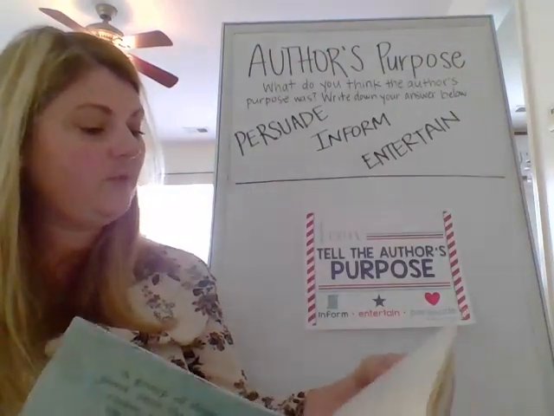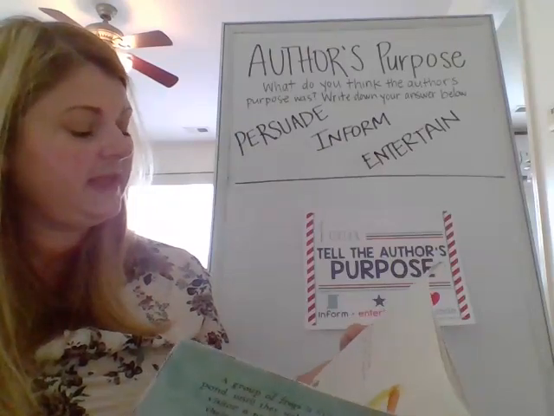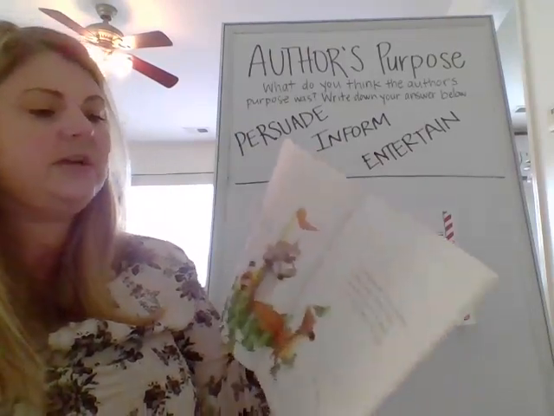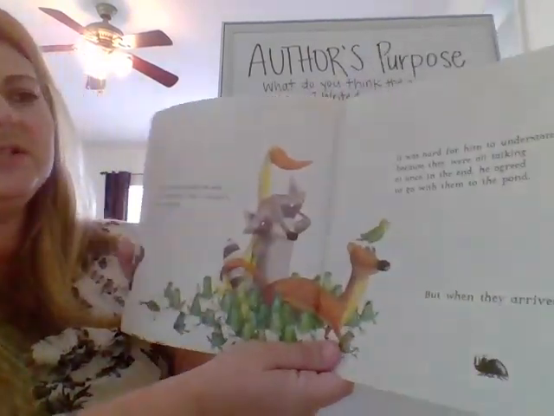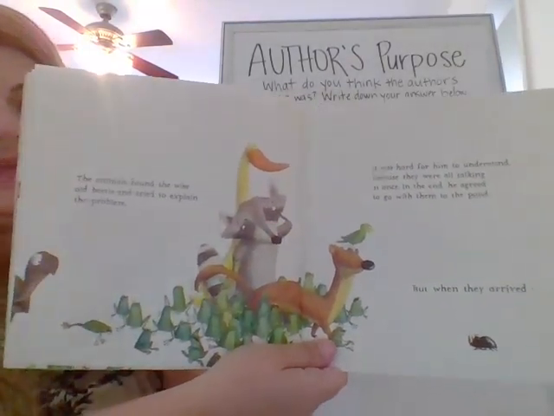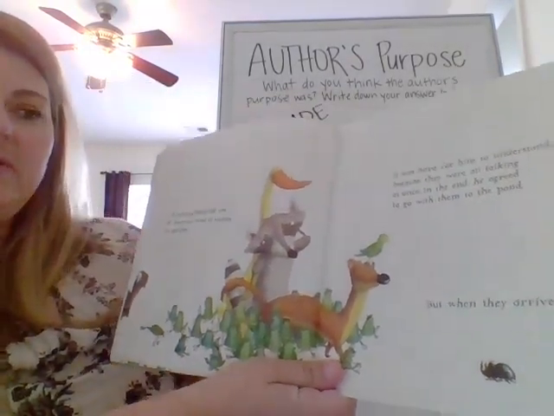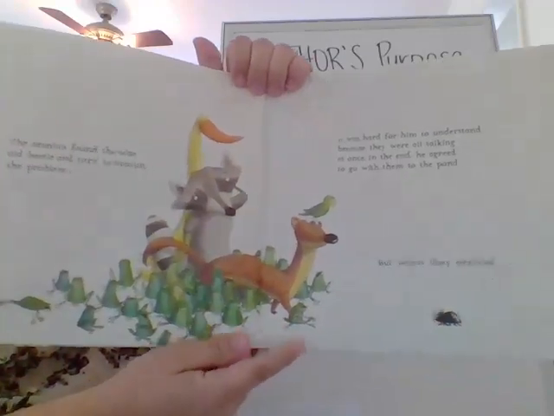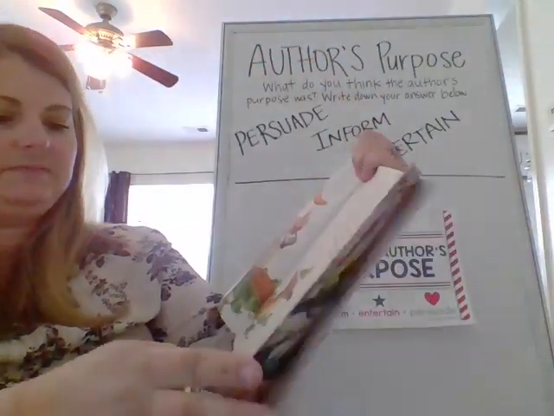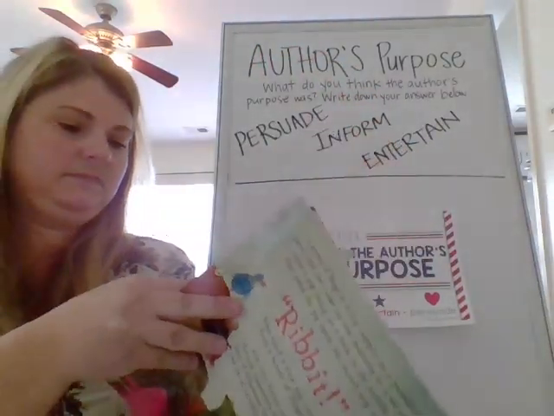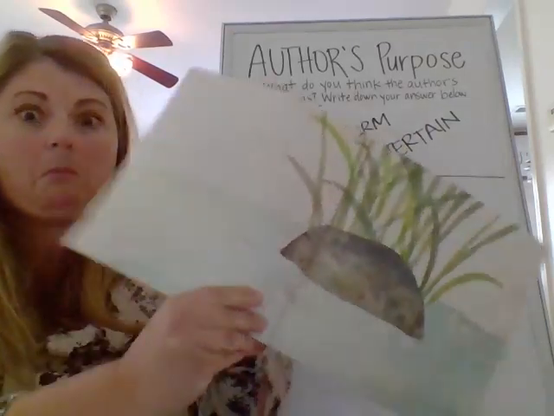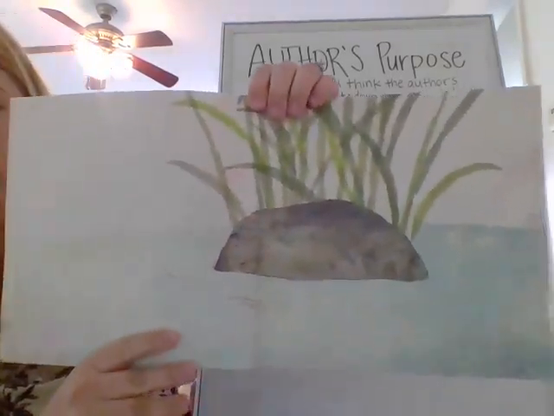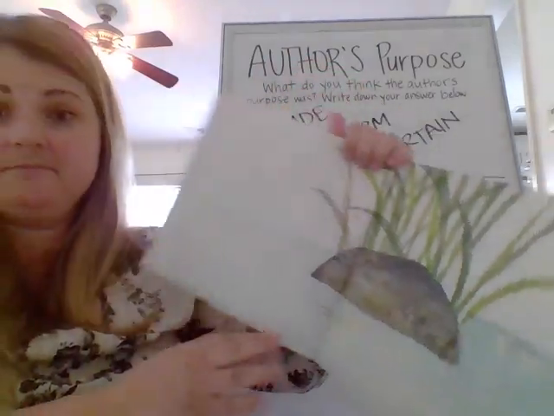The animals found the wise old beetle and tried to explain the problem. It was hard for him to understand because they were all talking at once. And in the end, he agreed to go with them to the pond. But when they arrived, relaxing.